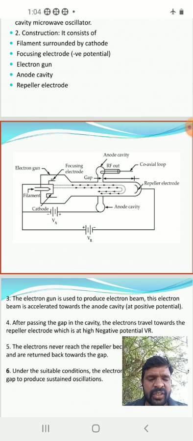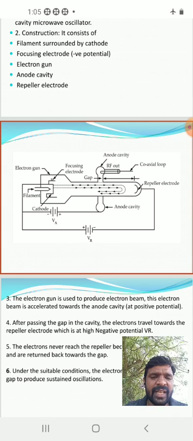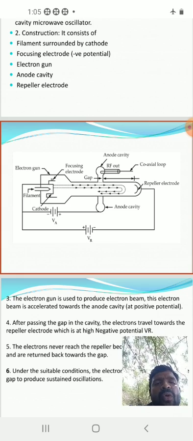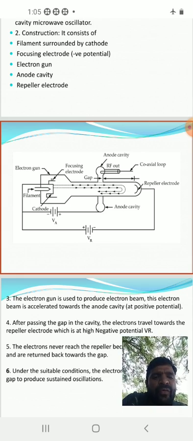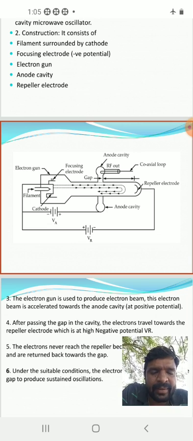First the electron gun generates the electrons, which are transmitted through the vacuum tube to the anode cavity and the repeller electrode. Here the repeller electrode is at a very high voltage, so the electrons do not touch the repeller electrode; before the touching point the electrons are returned back.